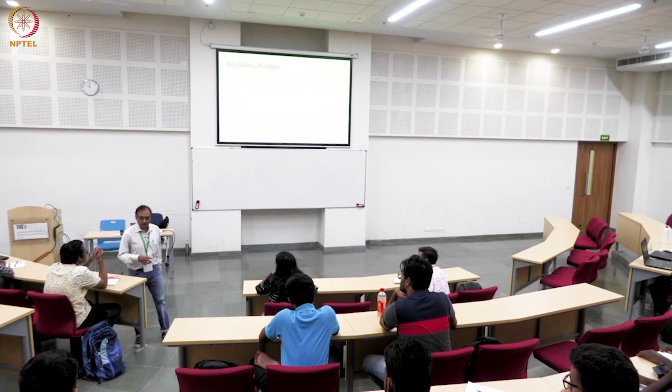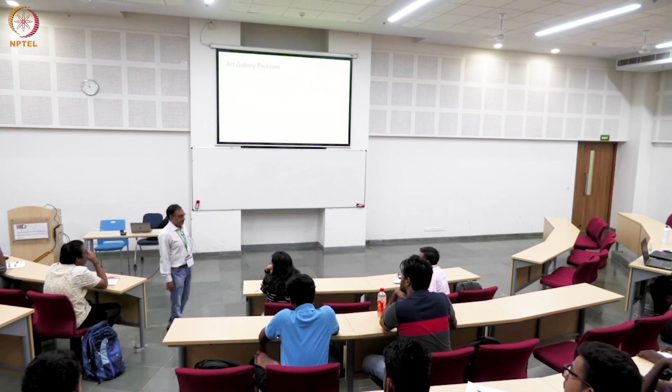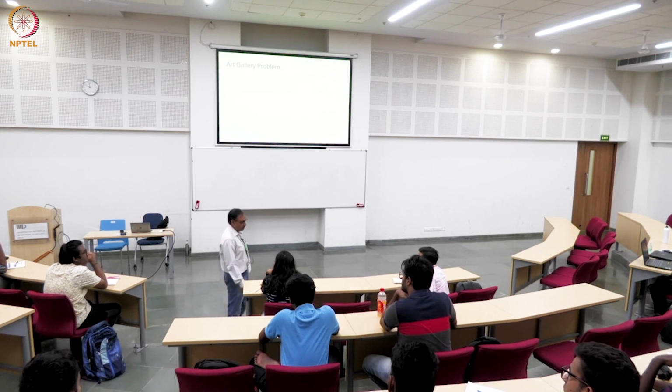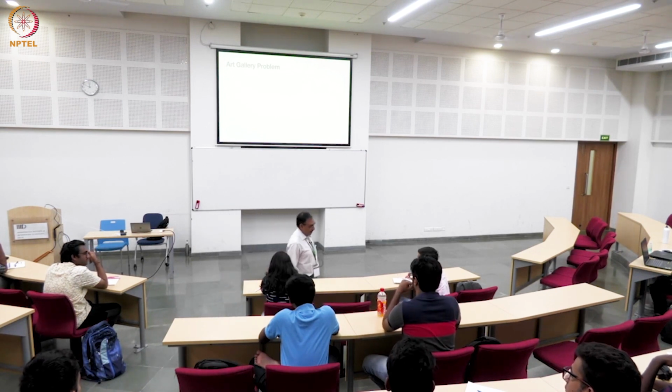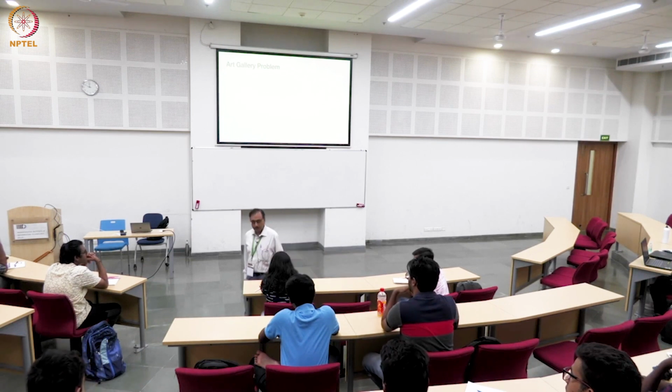Apparently, I do not know whether you know the Jordan curve theorem. You know the Jordan curve theorem? Okay. The Jordan curve theorem is very simple. Any closed curve divides the space into exterior and interior, and you have to prove this statement.